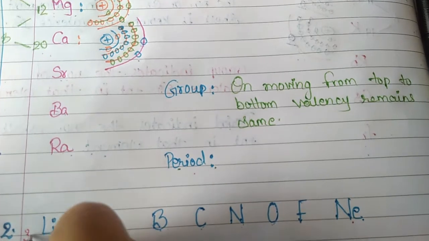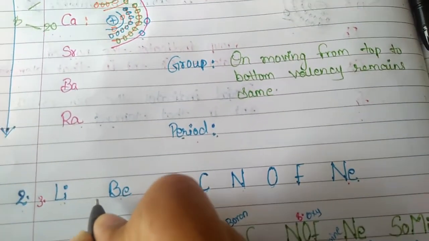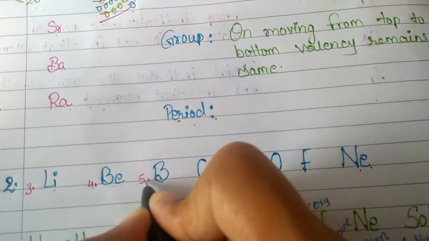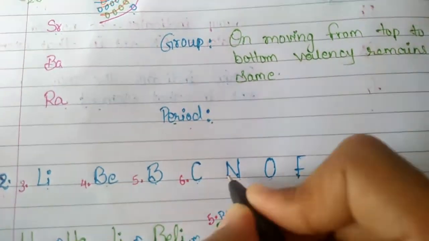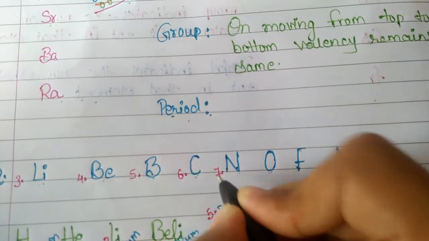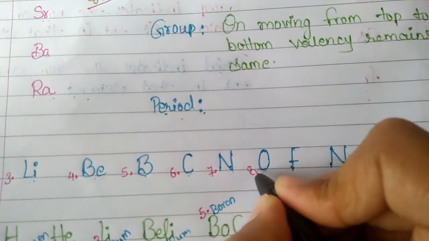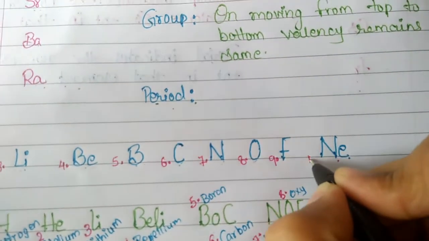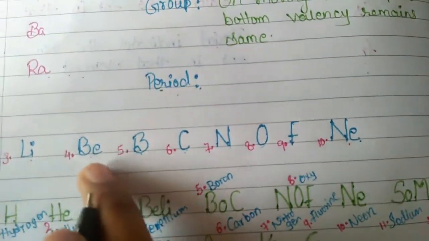That is, lithium is 3, beryllium increases by 1, 4, boron 5, carbon 6, nitrogen 7, oxygen 8, fluorine 9, neon 10.